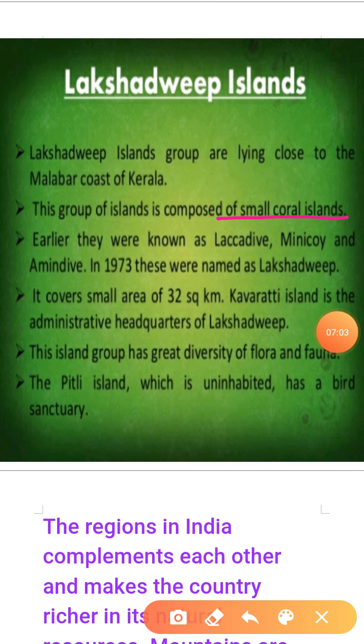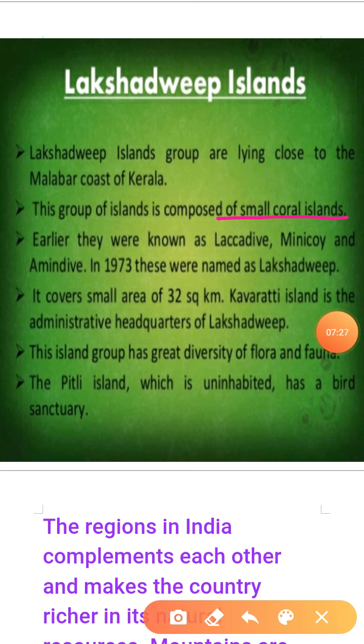Corals are living microorganisms, so due to the high breeding of these species, Lakshadweep formed by deposition of coral, a living organism. That's why it is called a living island, because it is formed by a living creature.